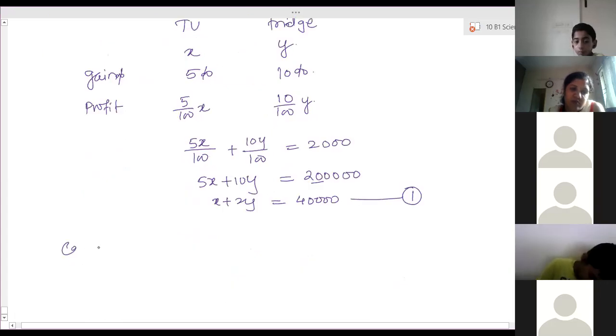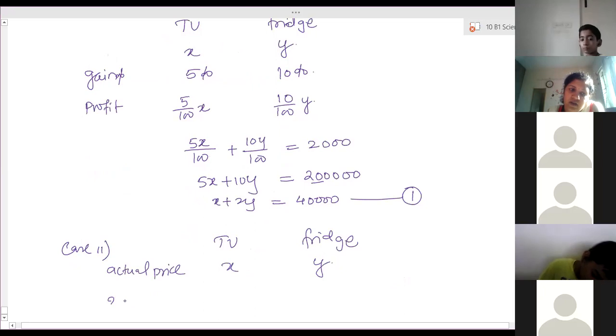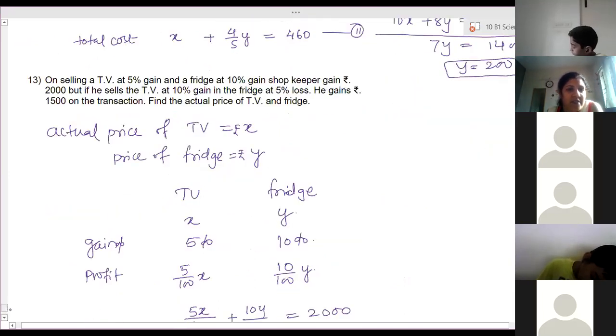Case 2. TV, fridge. Actual price X, Y. Gain or loss percent: 10% gain on TV and 5% loss on fridge.